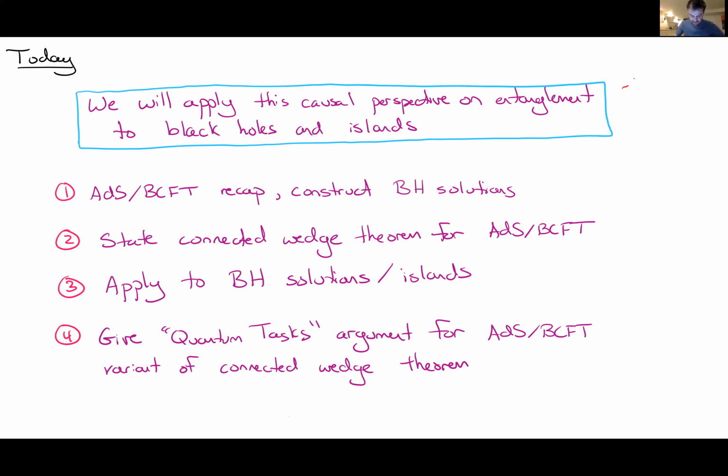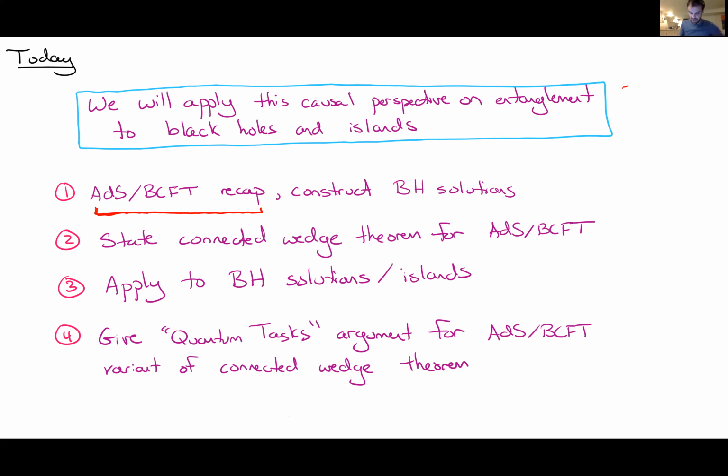And then the roadmap to get there is the following. I'm first of all going to talk about what's called AdS BCFT. I think some people here are more expert than I am on this, but it's okay also if you don't know anything about it. You won't need to know very much, and I'll tell you what you need to know.